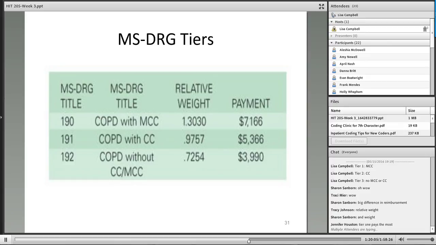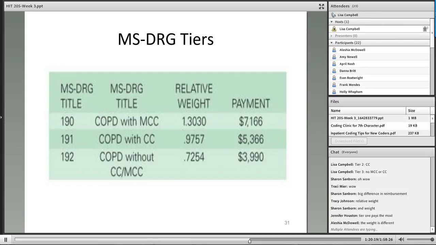Tier 1 pays the most. But let's see if there's something else that you notice. You as the coder, if you don't pick up the secondary diagnoses, what can happen with the reimbursement? The hospital can lose money.